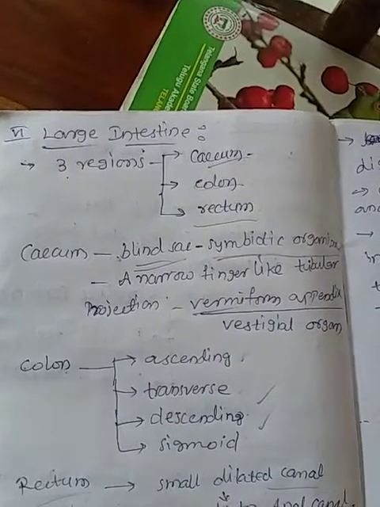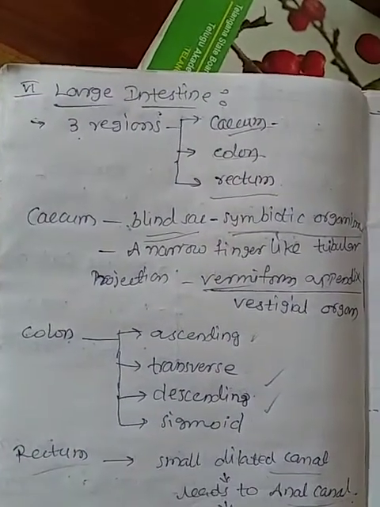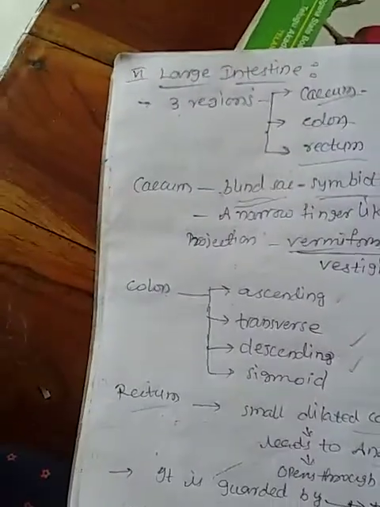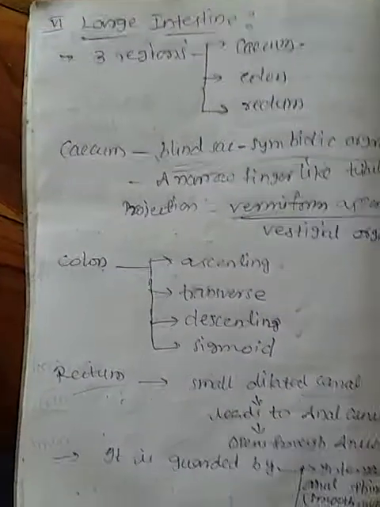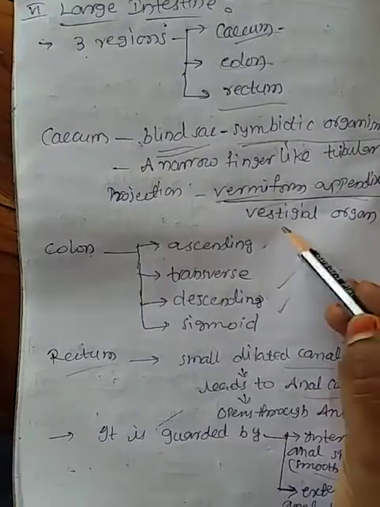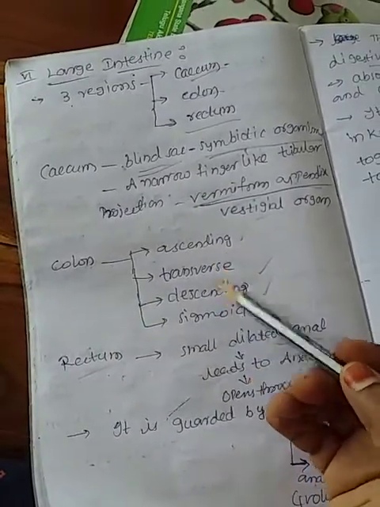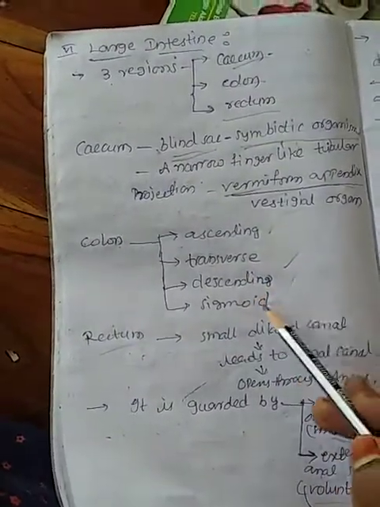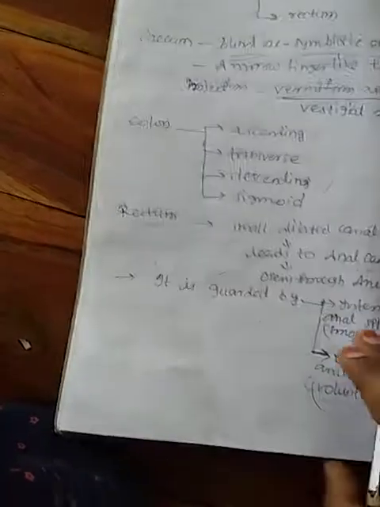Next, large intestine. Large intestine also has 3 regions: cecum, colon and rectum. Cecum has a blind sac, has symbiotic organisms, and also has vermiform appendix. The vermiform appendix is a vestigial organ. Colon has 4 parts: ascending colon, transverse colon, descending colon and sigmoid colon.